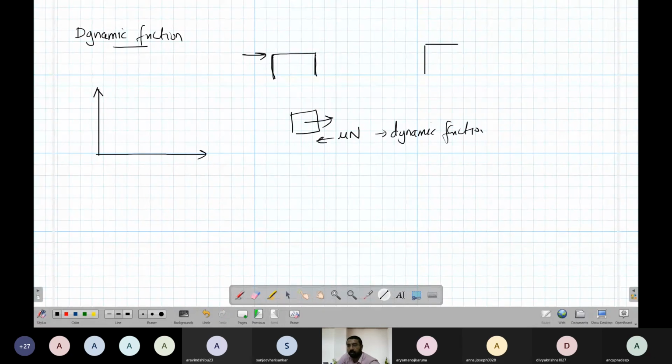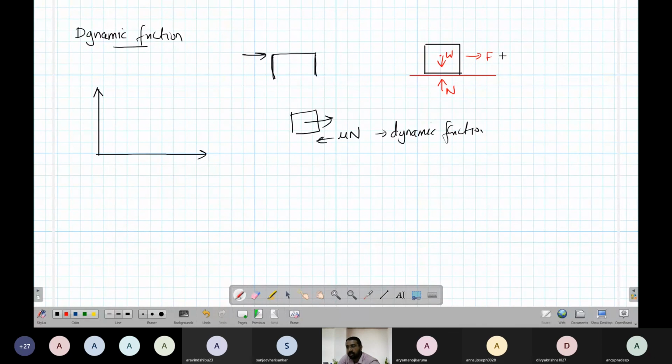The body is in contact with some surface. Okay. I am applying a force here. There is a weight of the body downward. So that means there is a normal force upward.